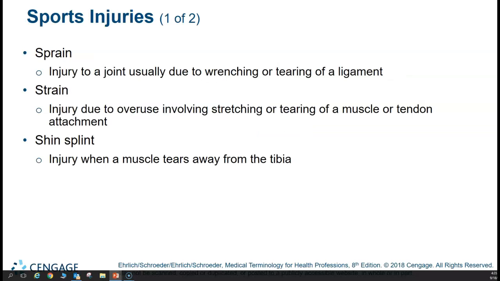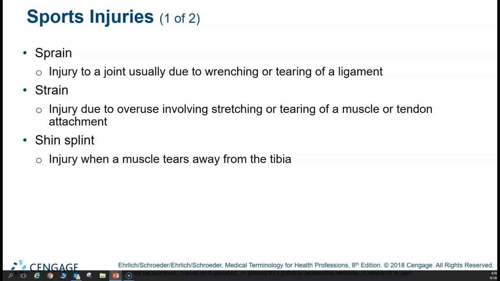Sprains, strains, and shin splints. A sprain is an injury due to tearing or really pulling on a ligament. A strain is stretching and tearing a muscle or tendon. So there's a difference there. Sprain is a ligament. Strain is a muscle or tendon.